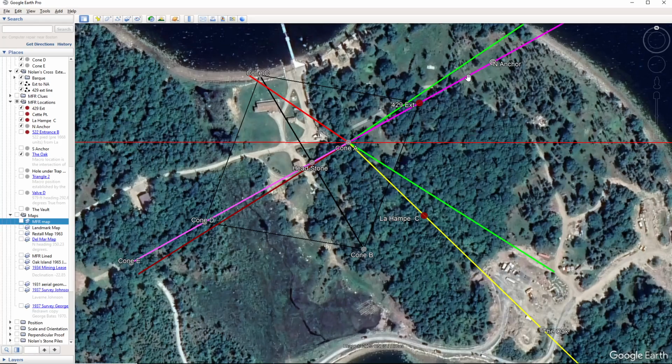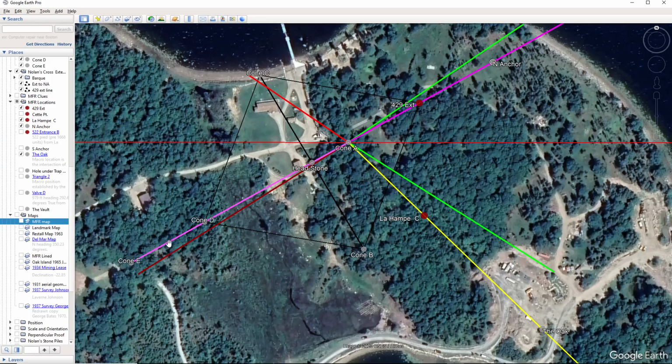The pink is the axis of Nolans Cross. And we have also, this is the winter solstice sunrise right here. And this is the 45-degree angle mentioned in the formula. This is going to come into play. And we have the sunset at the winter solstice.